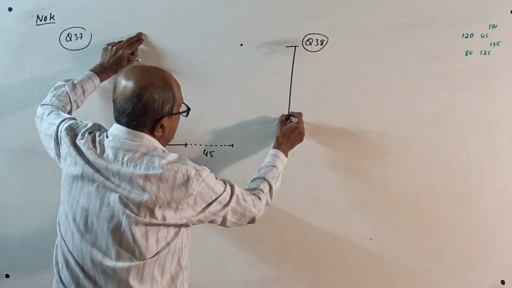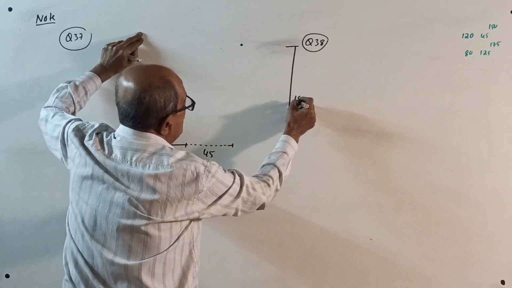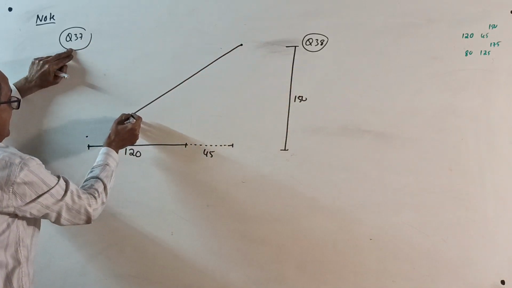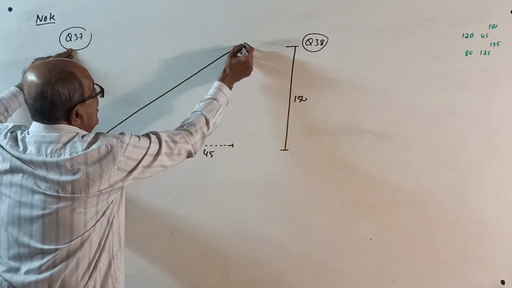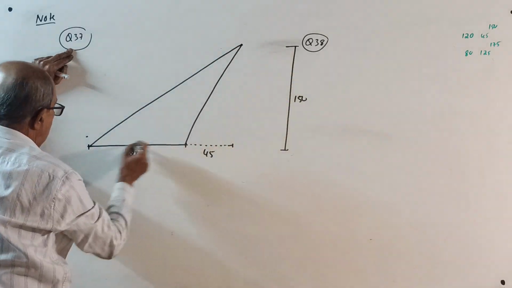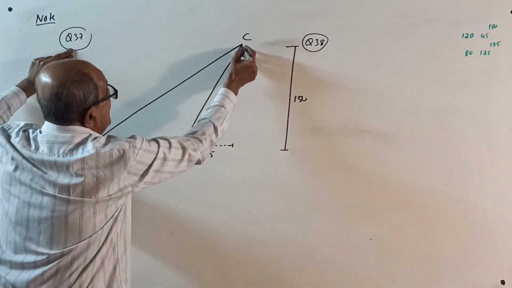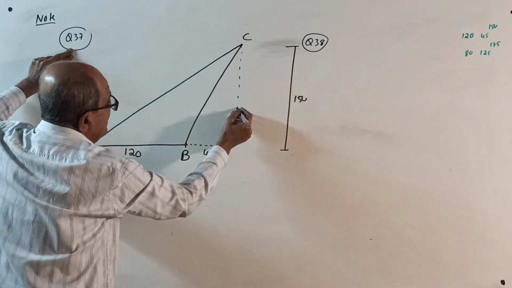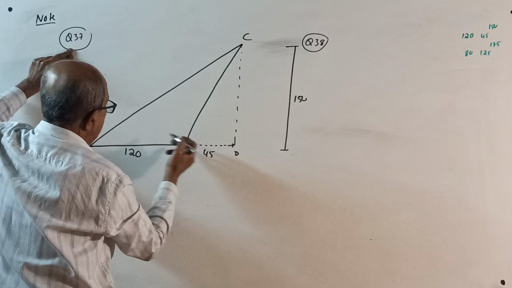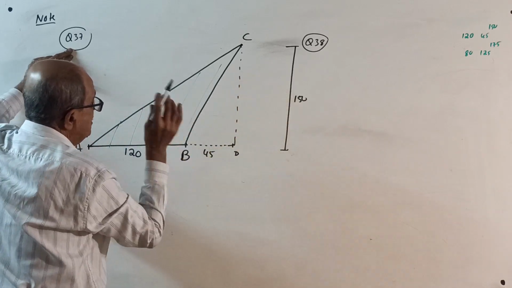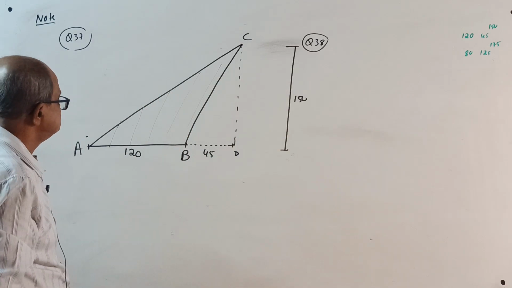This is the triangle. A, B, C. If I put a light line here, projection, this is D. See, this is the real triangle. We want centroid for this one.